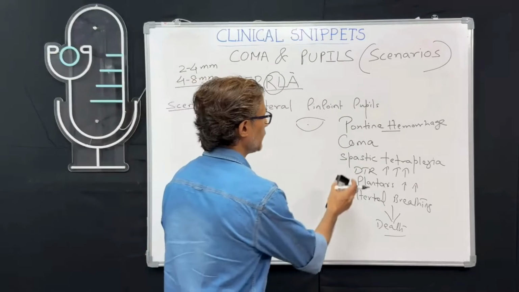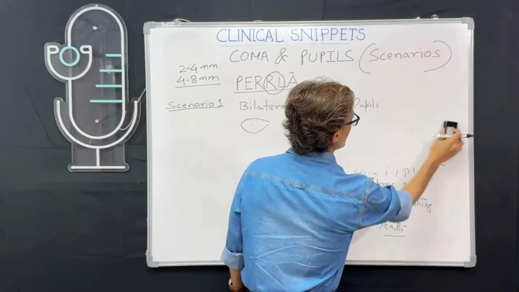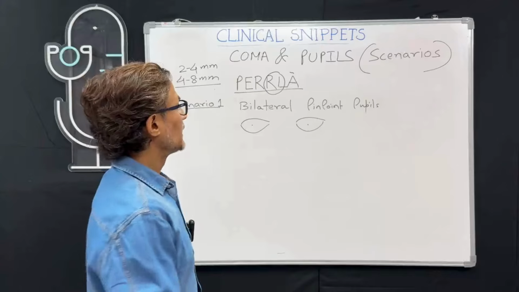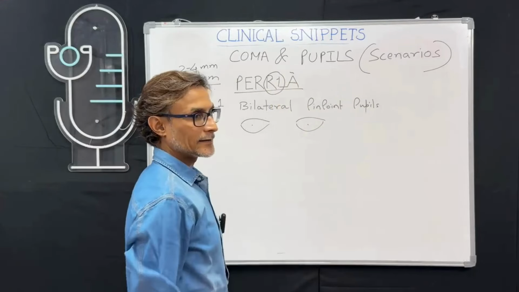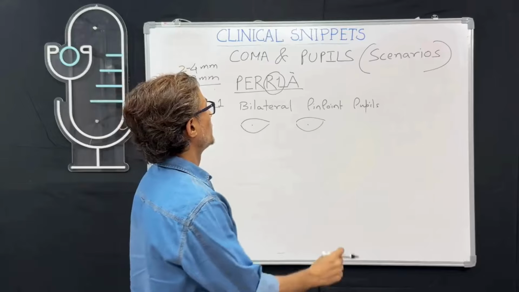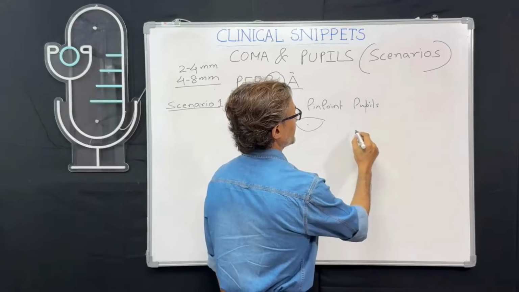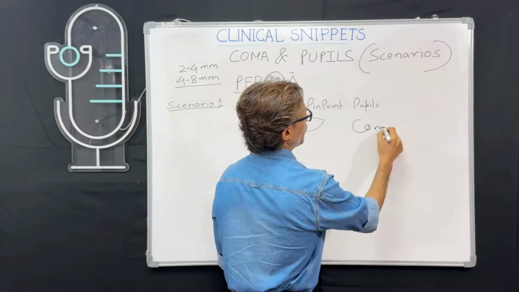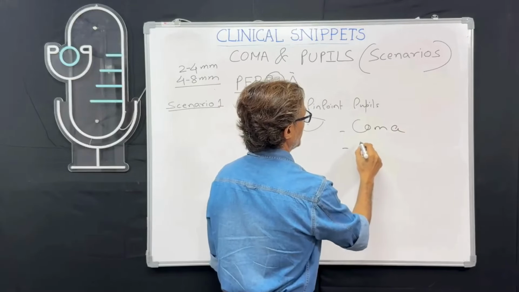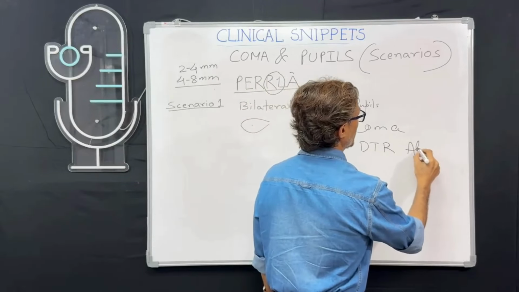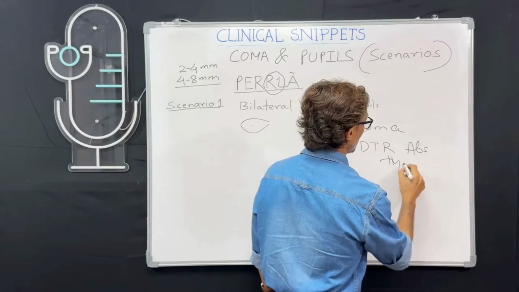Now a second scenario: the patient is nearly comatose and the pinpoint pupils are slightly reacting to light. Okay, there is slight reaction, but still it is pinpoint, and the patient is in coma. Deep tendon reflexes are absent, or there is hyporeflexia.